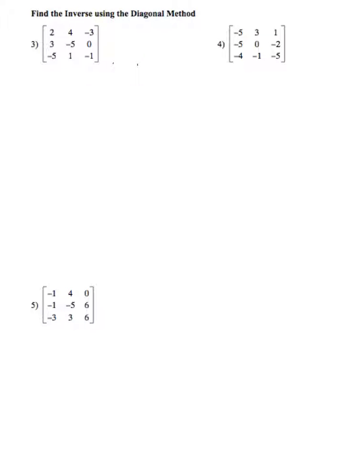What we were doing is taking the 2, taking that out, and then getting the determinant of the rest. So we were doing things like 2 times the determinant of negative 5, 0, 1, negative 1. And then the 4: we did plus, minus, plus. So then minus, and then we do a 4, cross out the 4 and do it on that. And then we did the 3.